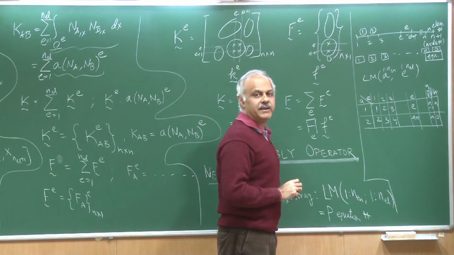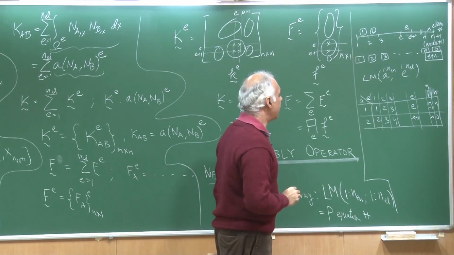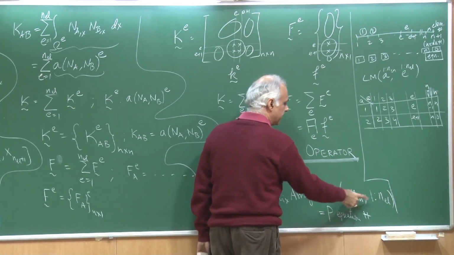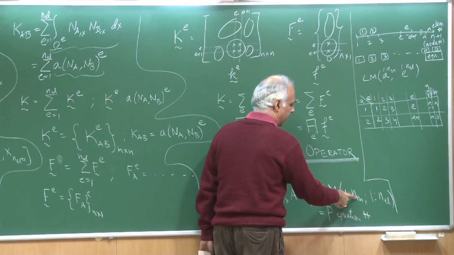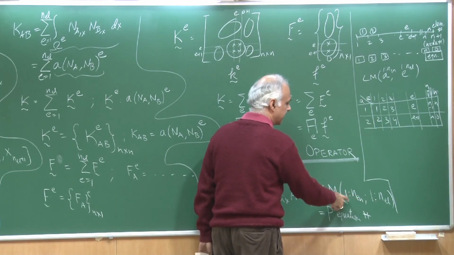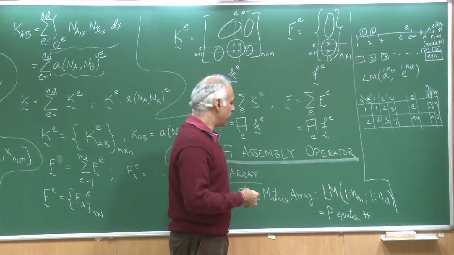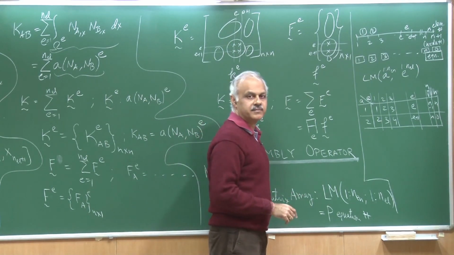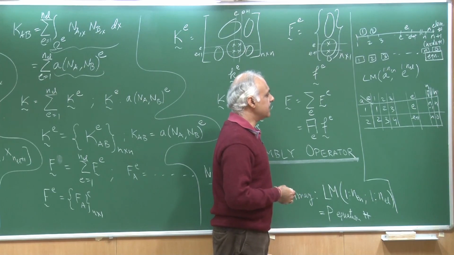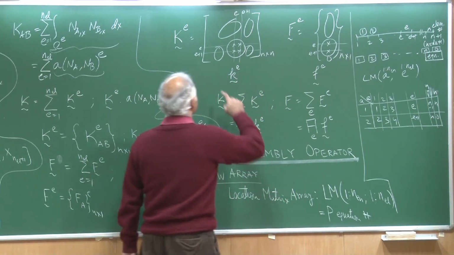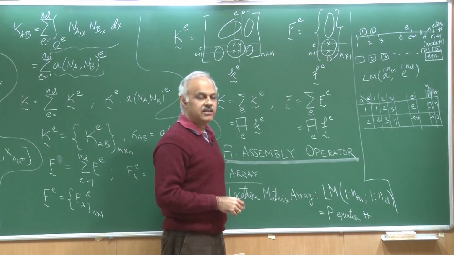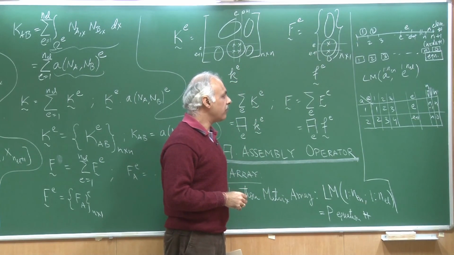So, that is my LM array. Given an element, I can see which is the first node, which is the second node, and then read from this lookup table what the equation number is. The equation number is actually going to take me inside the K matrix and inside the F matrix. So, let me now show you how we can assemble it.